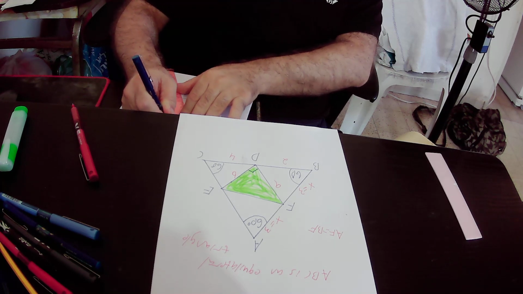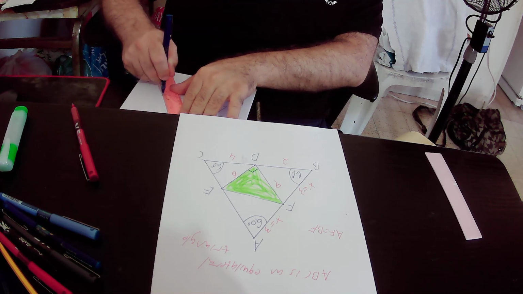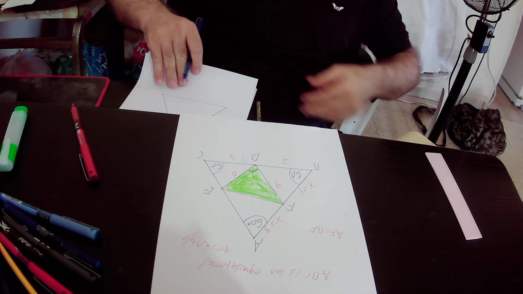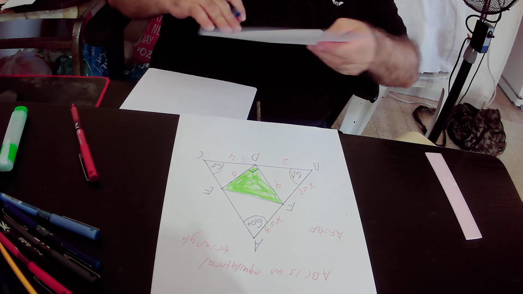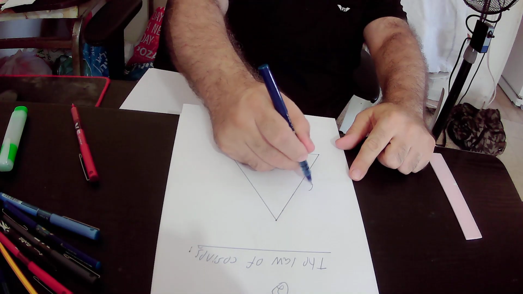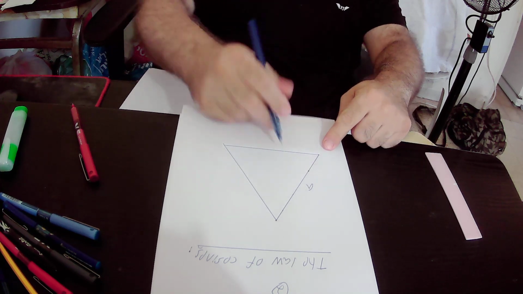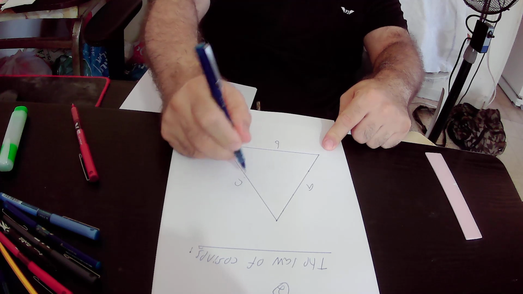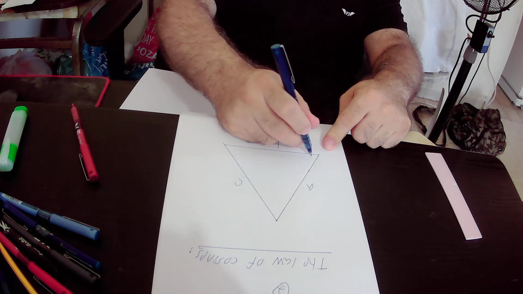So if we have a triangle, we know that this side is a, this side is b, this side is c, and this angle is theta.